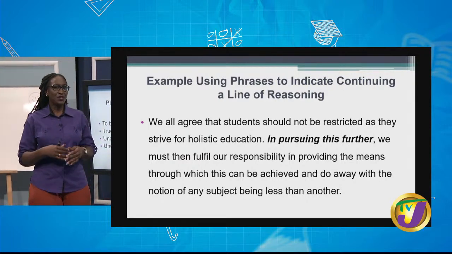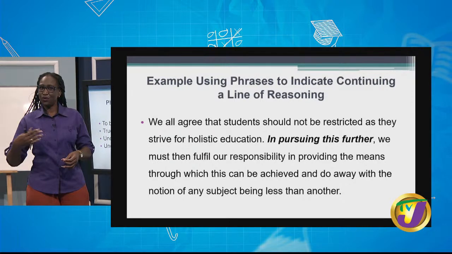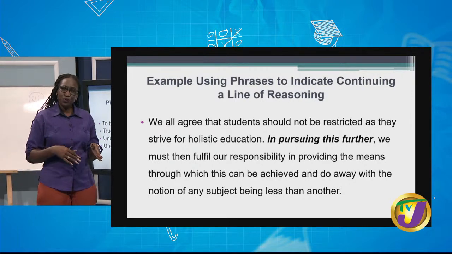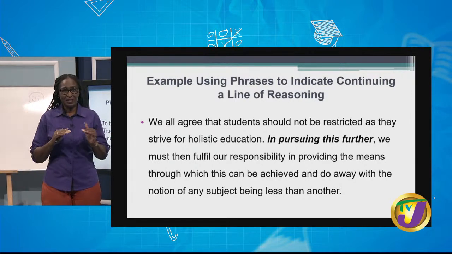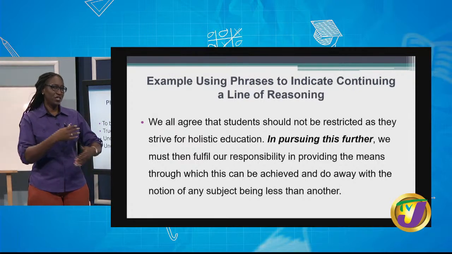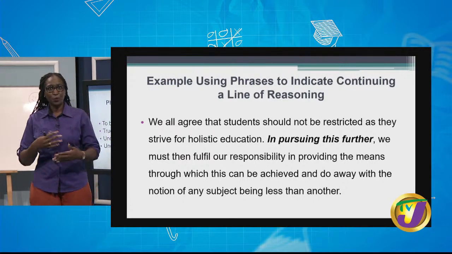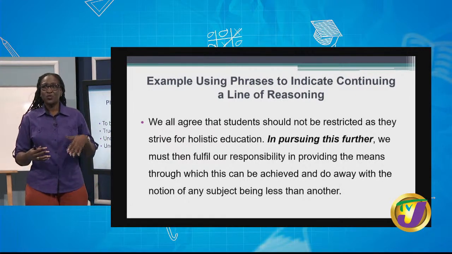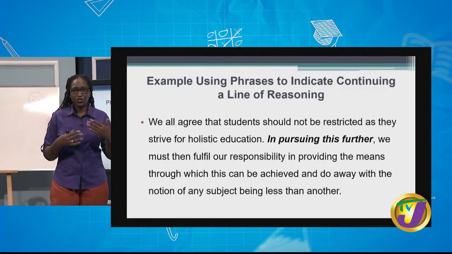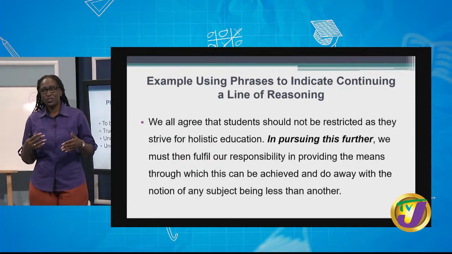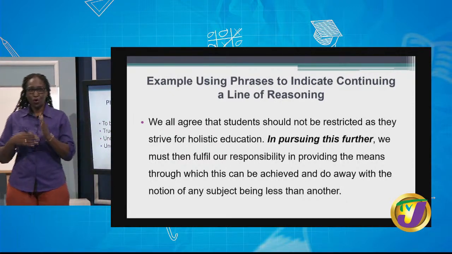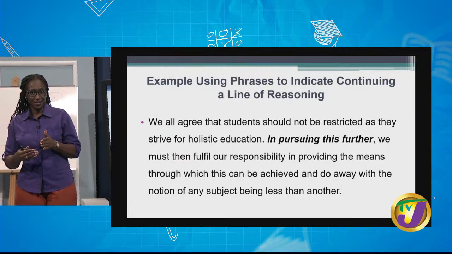Remember, the idea is that you are continuing an idea that you already started. So you would use this in the paragraph after you have already introduced a point and you're now adding more to it, you're developing the point further. So using this, you're basically saying that you want to ensure that you continue the idea you've already started.